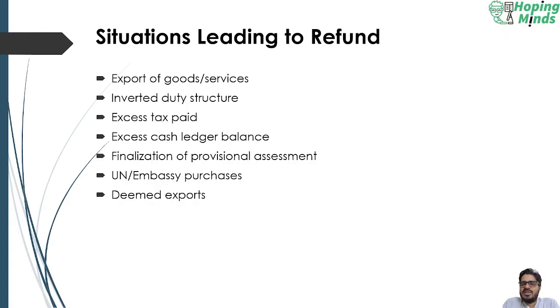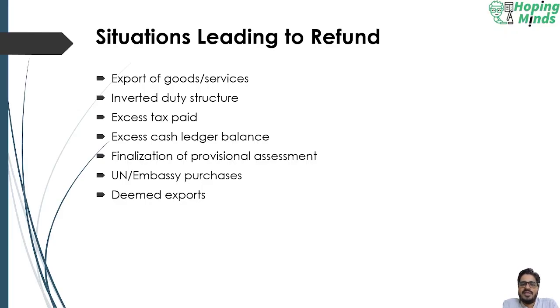Inverted duty structure is a scenario where the taxes on outward supplies are lower than the taxes paid on the inputs or purchases. For example, if the outward supplies or the final product attracts GST at the rate of 5%, whereas the inputs used to manufacture such product attract GST at the rate of 12%, then the differential 7% can be claimed as refund, and this scenario is known as the inverted duty structure.